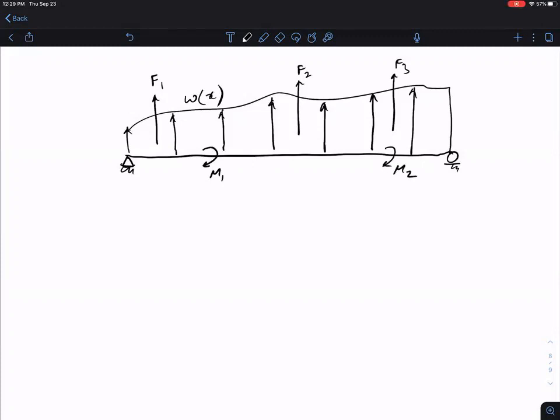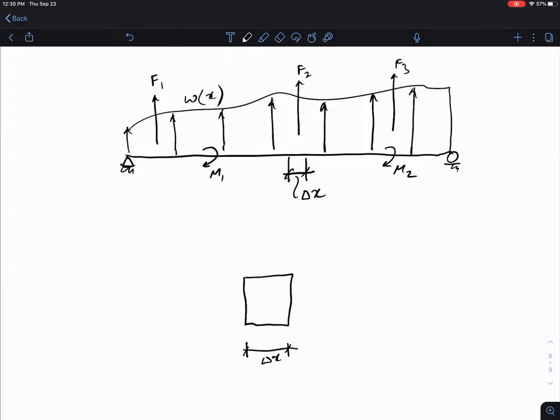Now, what we'll do is consider a free body diagram of a segment of the beam that has a length delta x. We'll draw that free body diagram below. Again, the length of that segment is delta x.